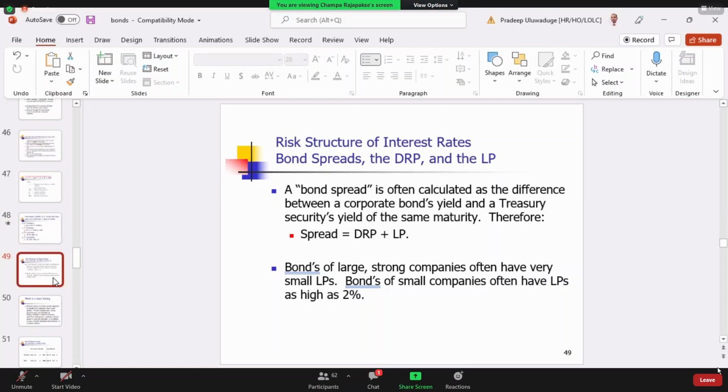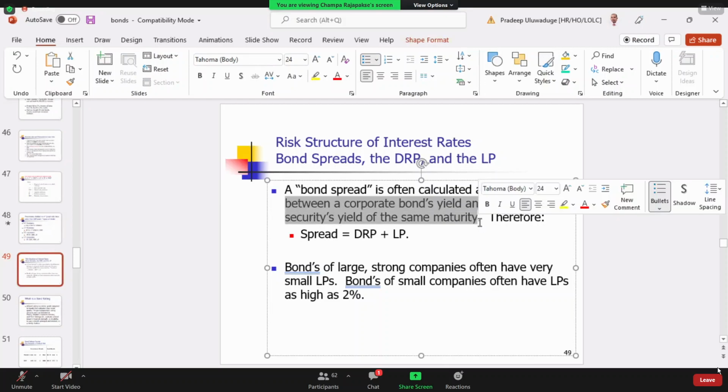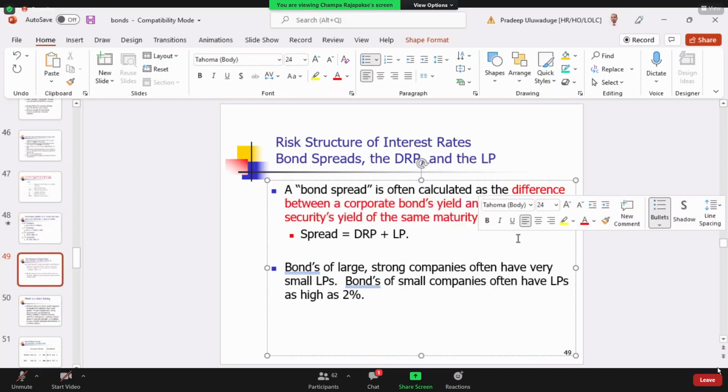A bond spread is often calculated as the difference between a corporate bond's yield and a treasury security's yield of the same maturity.